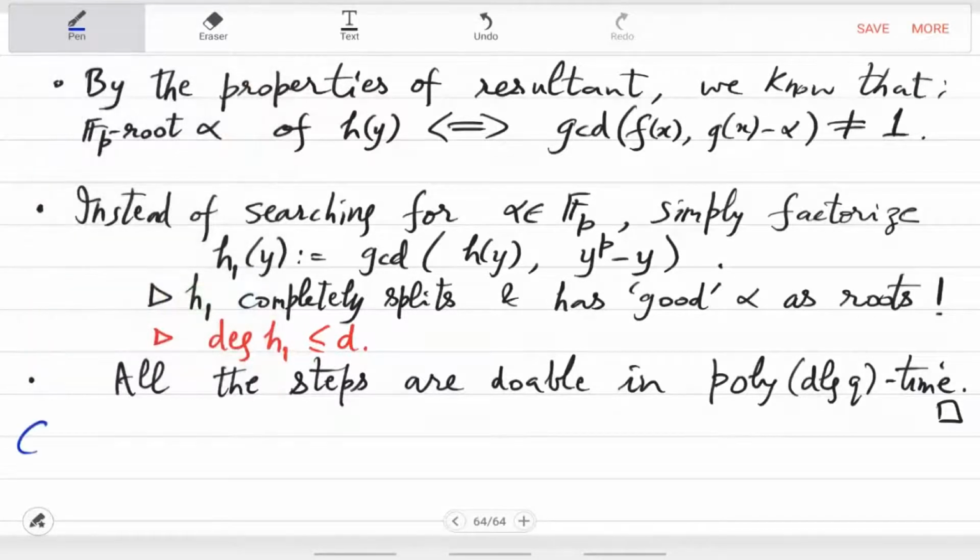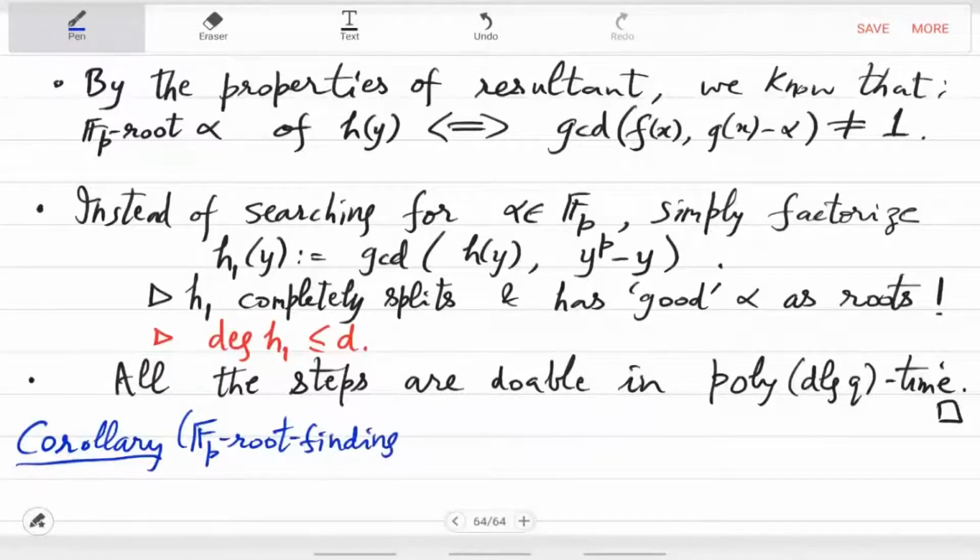So this gives you the corollary about FP root finding. So in this business of polynomial factorization over finite fields, you now have to solve only one problem, which is finding FP roots.